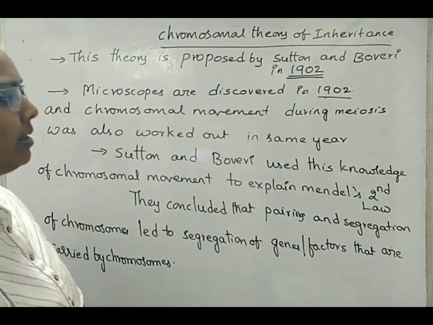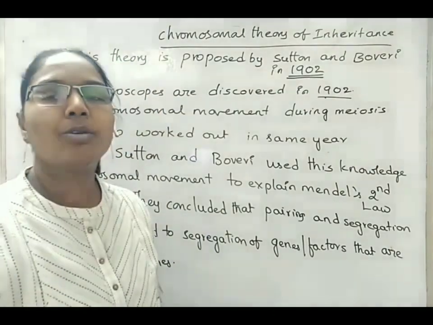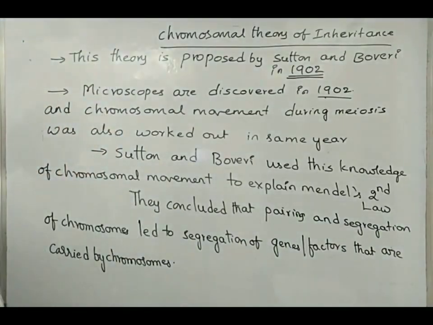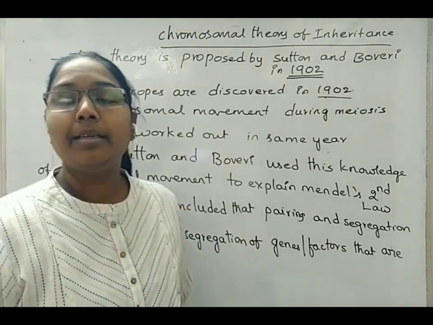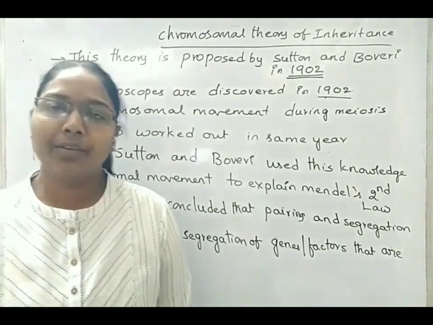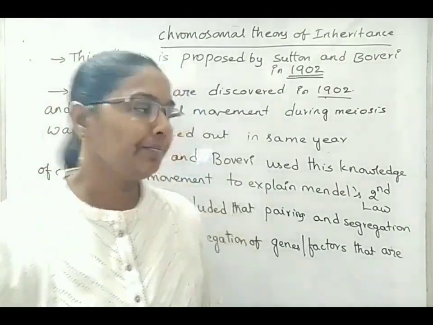Then only the studies regarding chromosomal movement during anaphase of meiosis were done. Sutton and Boveri used this knowledge of chromosomal movement to explain Mendel's second law, that is the law of segregation. We also know that the law of segregation is universally applicable.